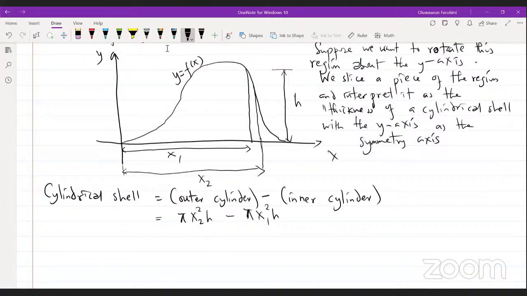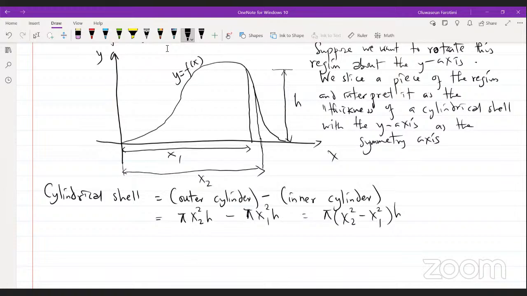Now what is common, guys? h is common, right? So I can pull out pi and h. I'm going to have x2 squared minus x1 squared, times h. Do you guys remember difference of two squares?